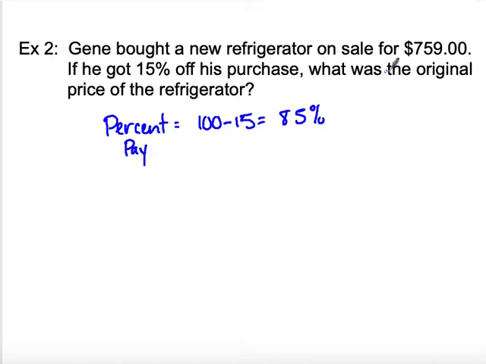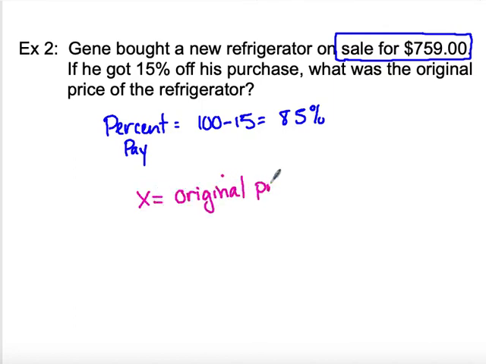So what we're going to do now, we know what the sell price is. We want to find the original price. So I'm going to let my variable x be the original price. So his sell price was 85% of his original price, which I let be x.